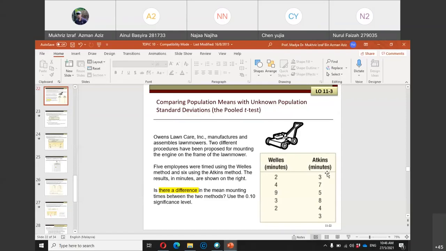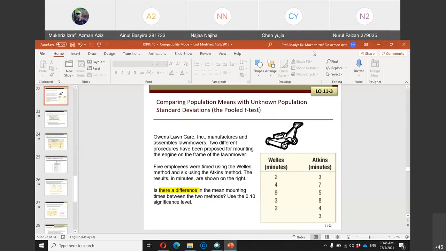So in the calculation, it will be Atkins minus Wellis, not Wellis minus Atkins. Whenever you do a two-tail test, a not equal to sign, you are going to test on both sides of the tail, left and right. So either way, you are going to come out with the correct conclusion as well. Of course, the answer will be the opposite sign.